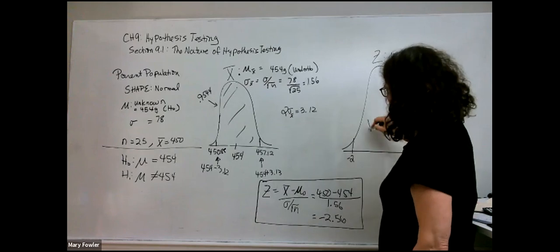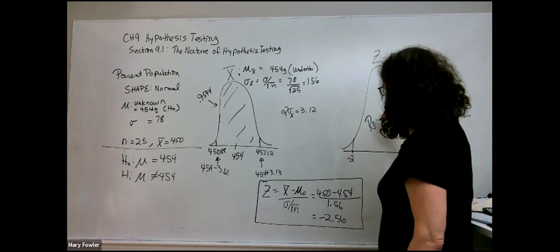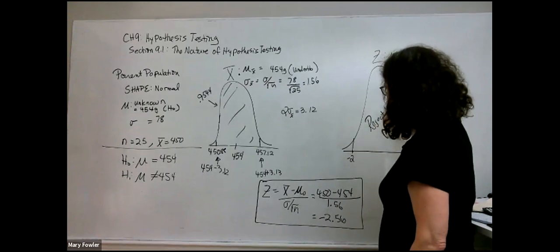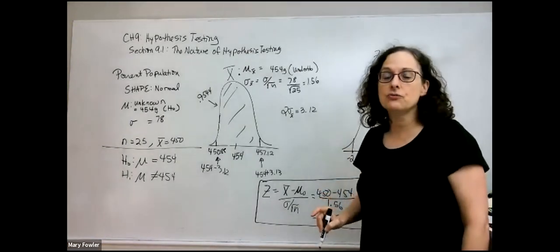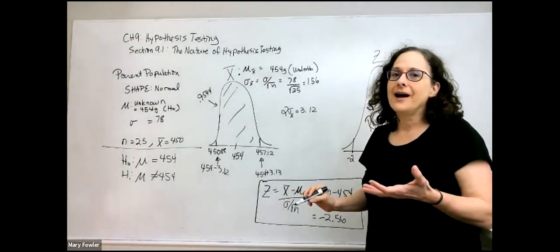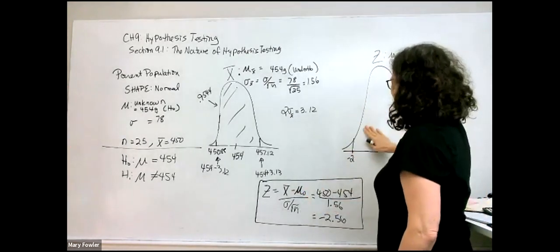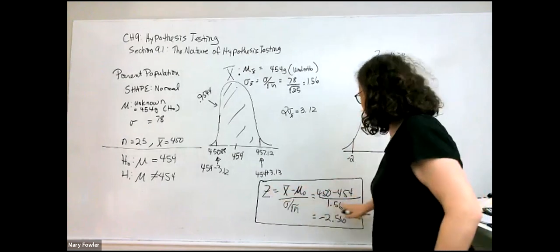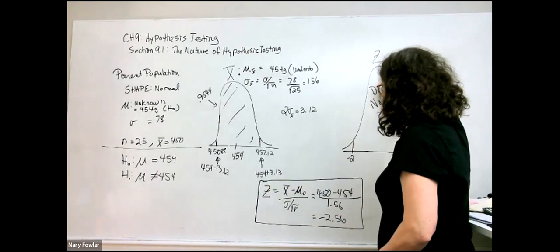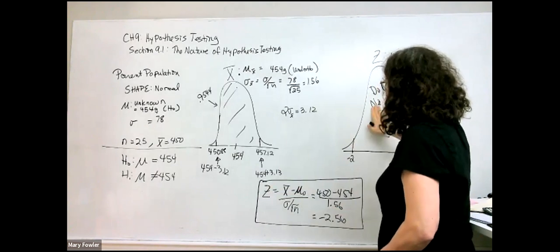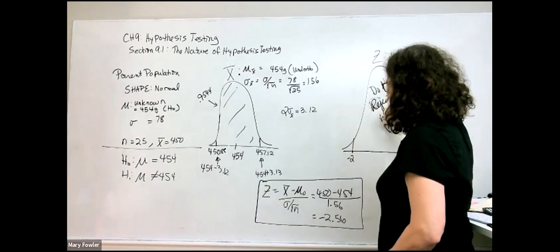We decided that if X bar was between -2 and 2, we would not reject the null hypothesis, and if it was outside that -2 to 2 interval, we would reject it.